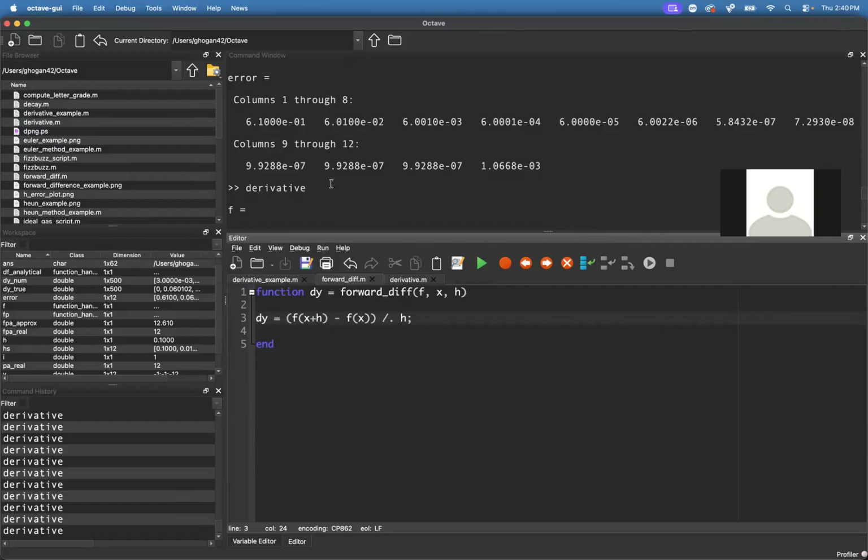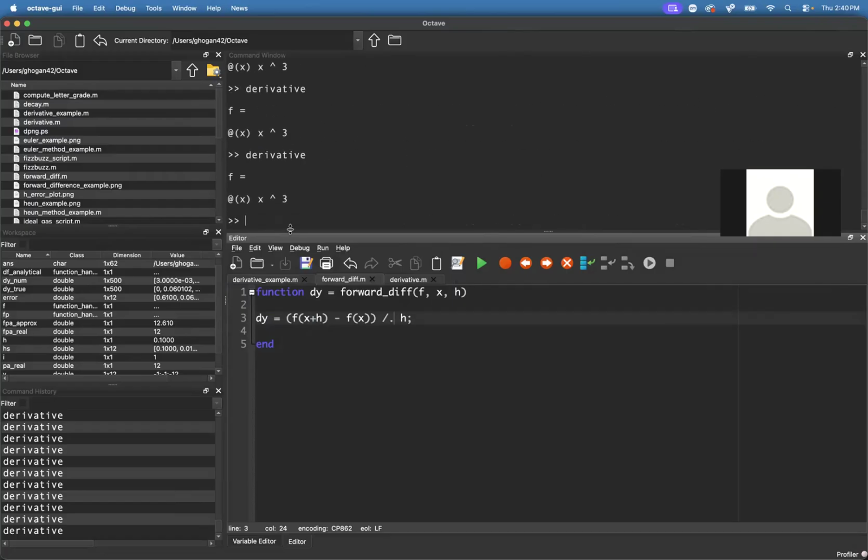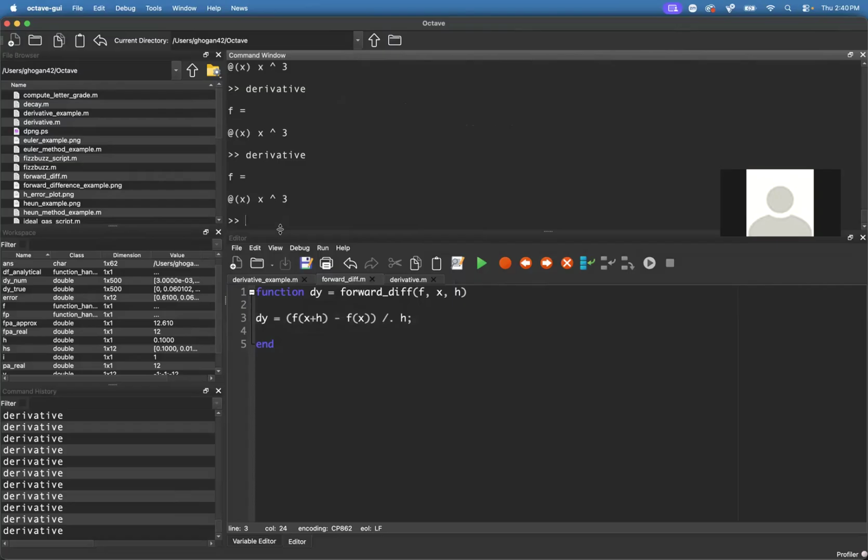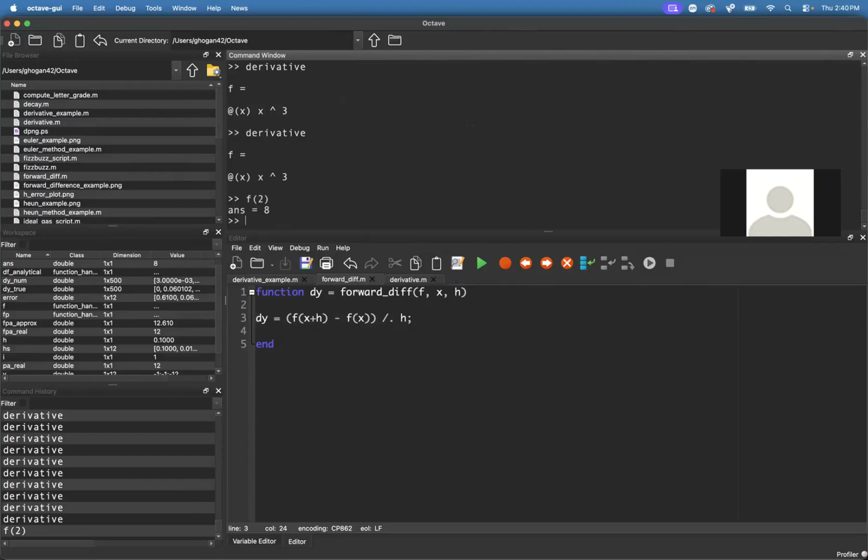Now that we've done that, that's really nice because, for example, here I have this f, and if I go up to the command window and say f of 2, we can get a value. But we can also use forward diff now, and give it an f, an x, so we were using 2, and an h, like 0.1.